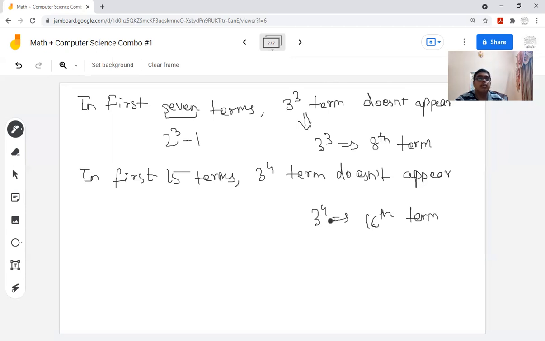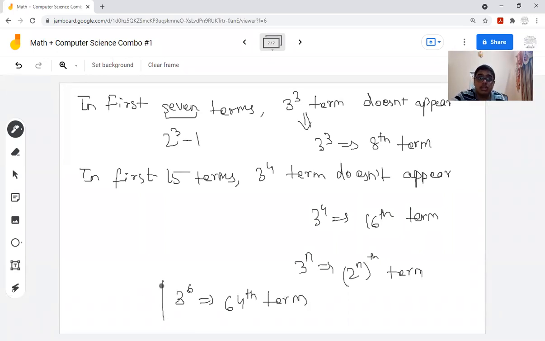So similarly, by induction, you can show that 3 power n in general would actually be the 2 power nth term. So basically, 3 power 6 would be the 64th term, like that.